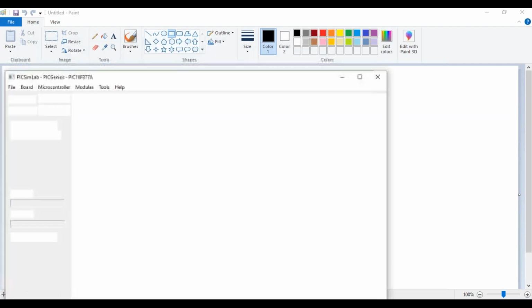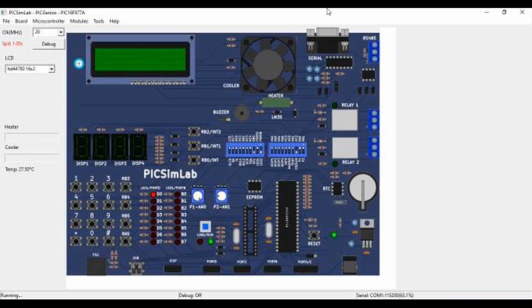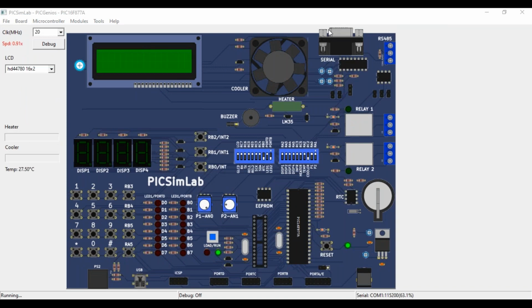Now, we have a chip on our board which supports the I2C communication protocol, and that is the RTC. RTC here is a peripheral, a chip which supports the I2C communication protocol, and obviously our microcontroller also supports I2C.